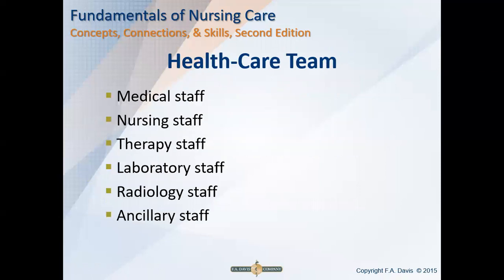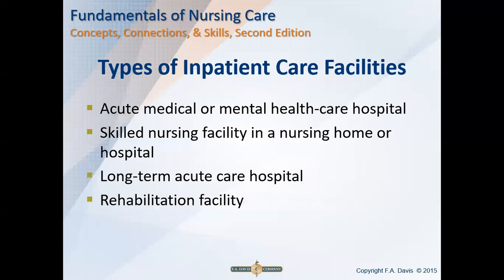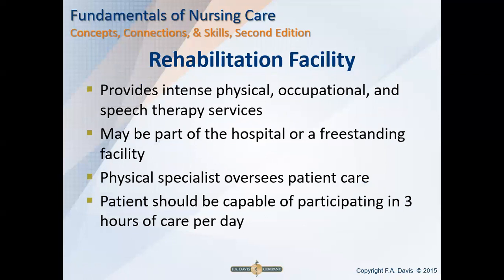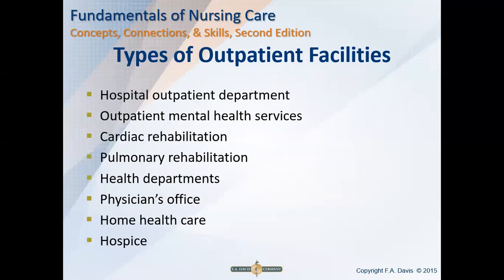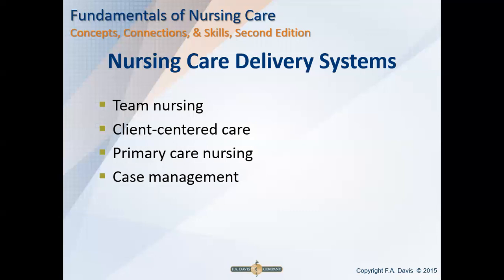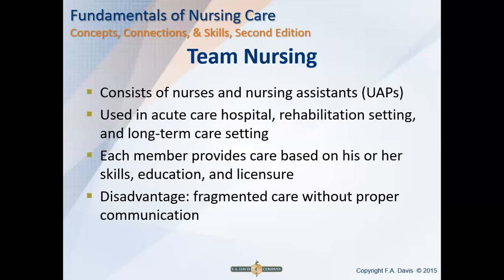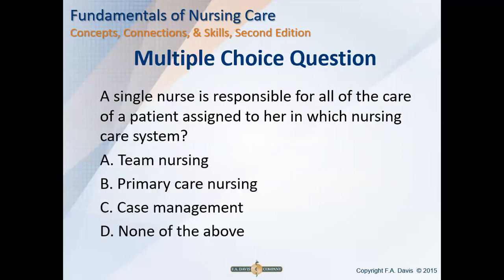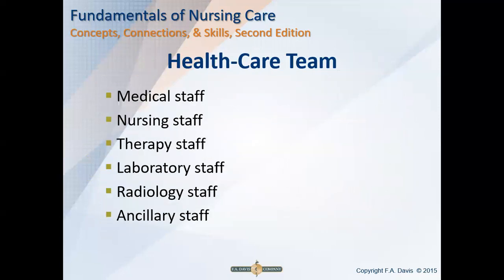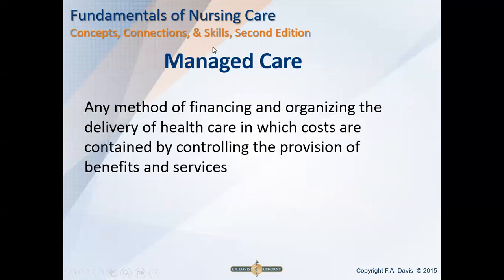We are going to talk about managed care, healthcare team, types of inpatient care facilities, criteria for payment and services in skilled nursing facilities, rehabilitation facilities, outpatient facilities, types of outpatient facilities, two types of rehabilitation settings, nursing care delivery systems, team nursing, primary care nursing, and then a few questions, right? So let me go one by one, with a little more discussion.